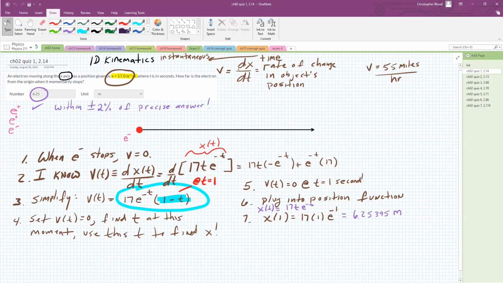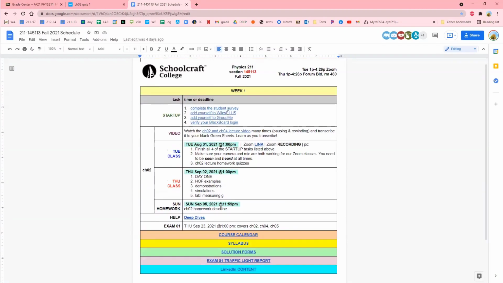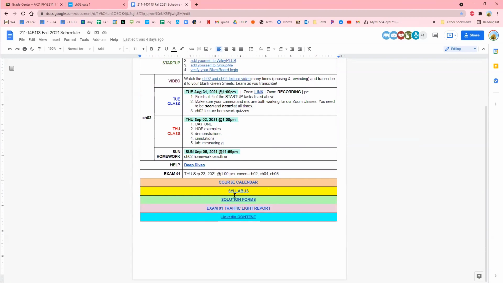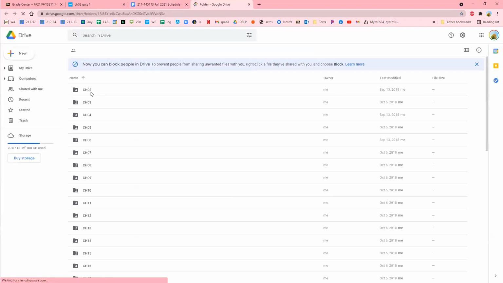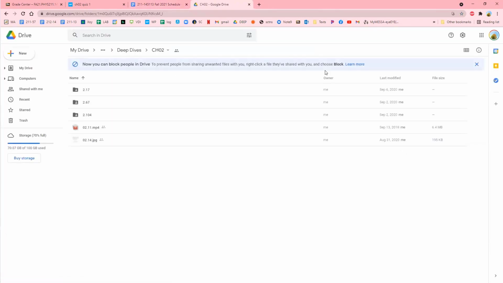And here's a better way to cheat as well. If we go back to our class page, make sure you bookmark this link. If you go to our class web page and click on deep dives, and then chapter 2, so I'm in the chapter 2 deep dives.